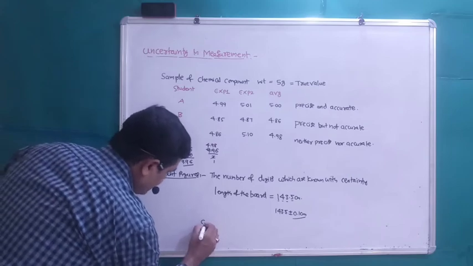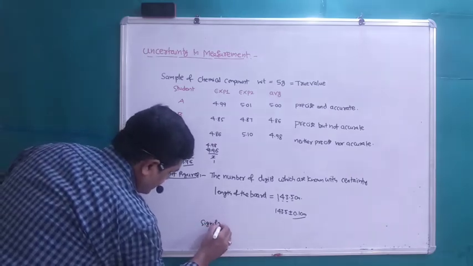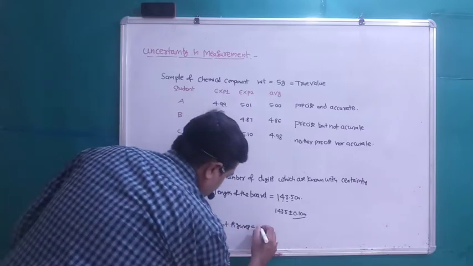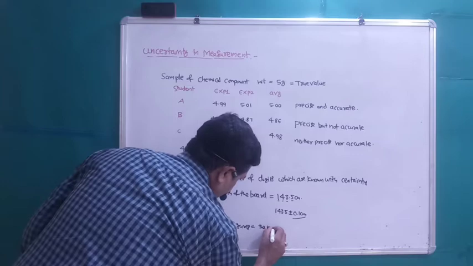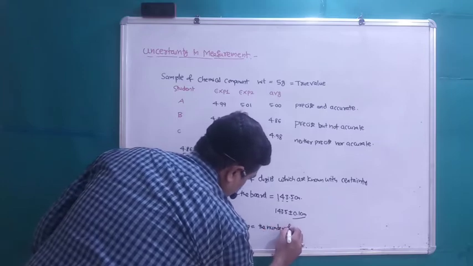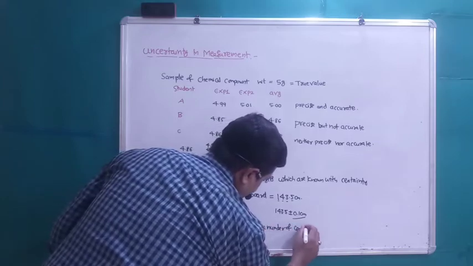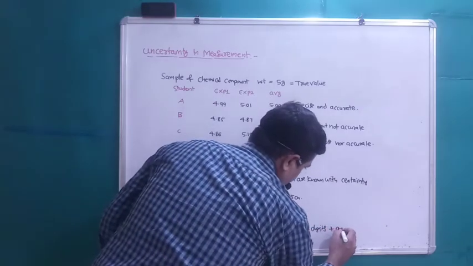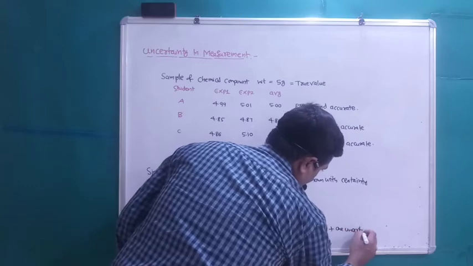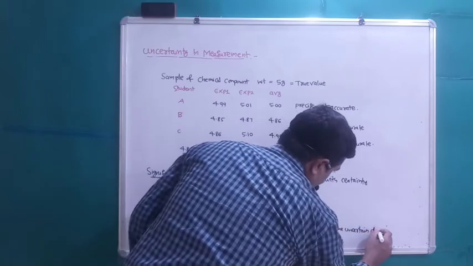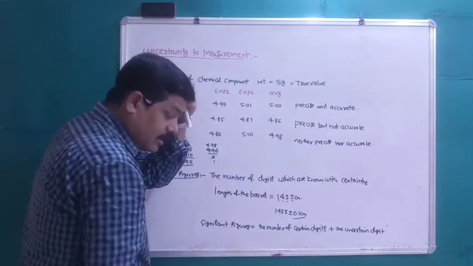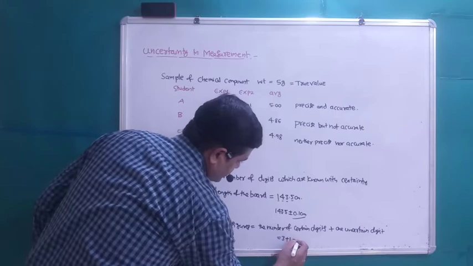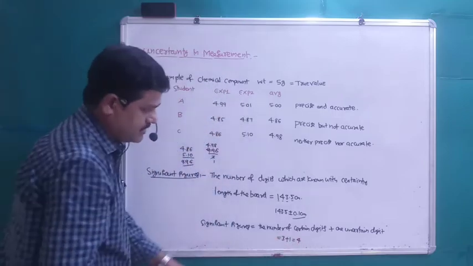Then the significant figures is equal to the number of certain digits plus one uncertain digit. Here the number of certain digits is 3. The uncertain digit is 1. That is, the total number of significant figures is 4.